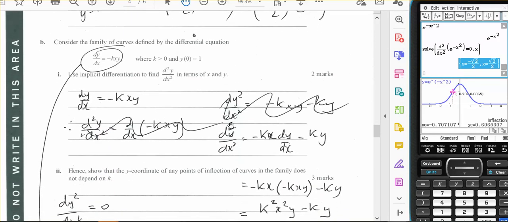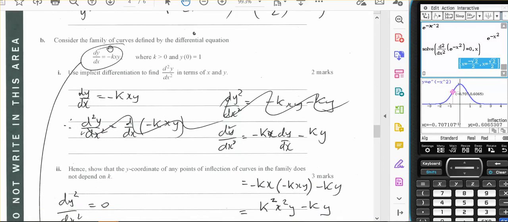Part B, consider the family of curves. I've got dy/dx now is minus kx y, and I need to use implicit differentiation. So with the implicit differentiation, I have used minus kx as my first term and y as my second. So the derivative implicitly of this will be minus kx times dy/dx, so there it is there.